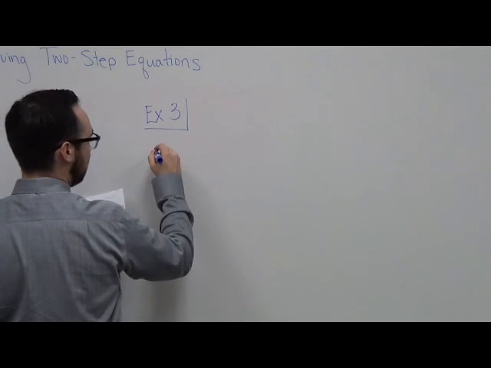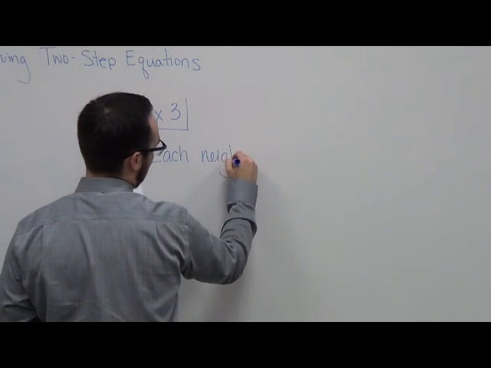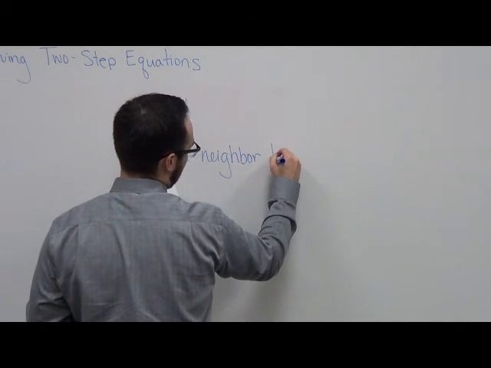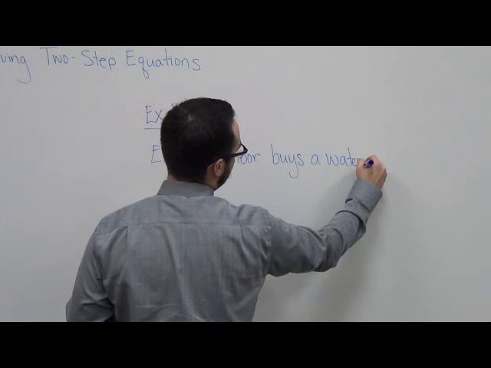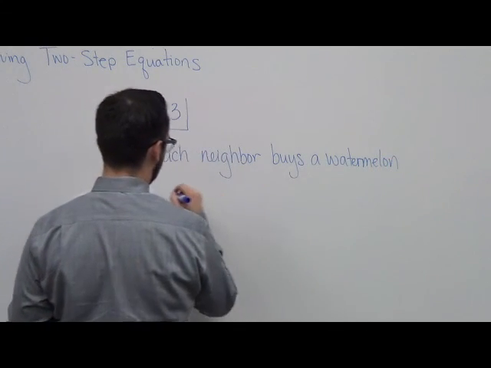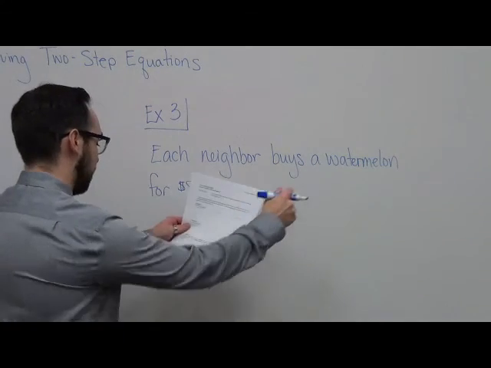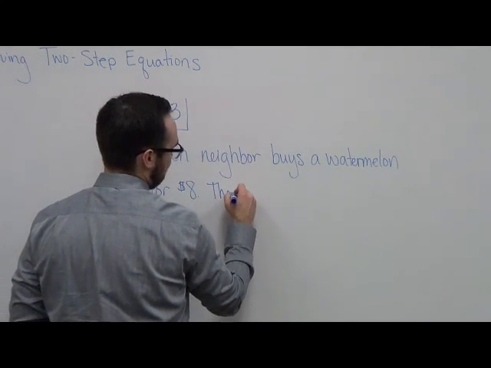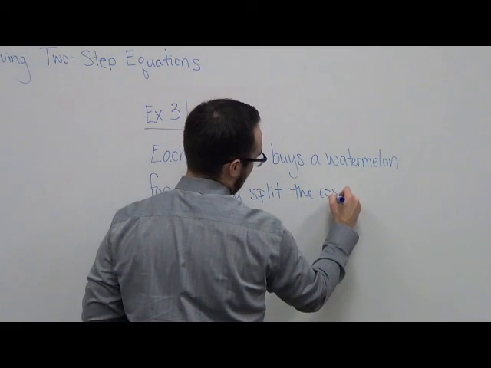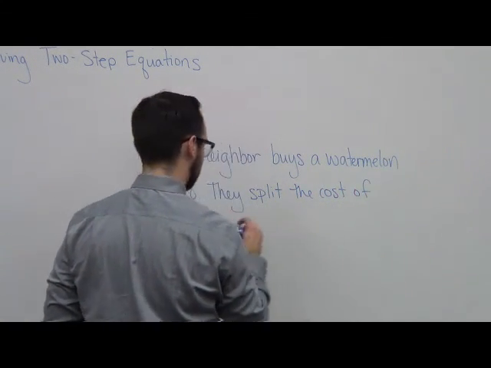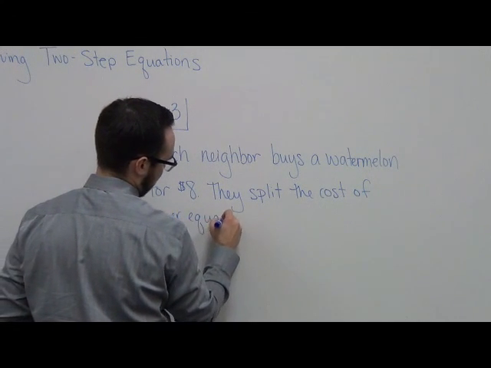There are neighbors hosting a party, and each neighbor buys a watermelon for $8. They split the cost of paper products equally.